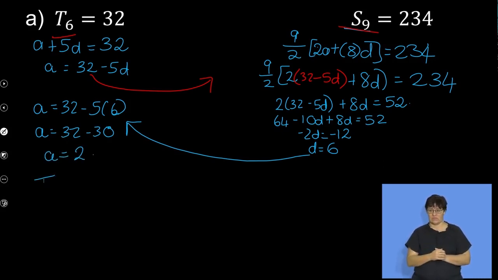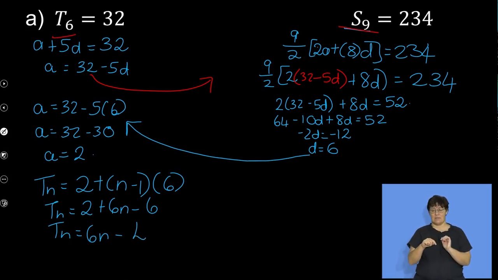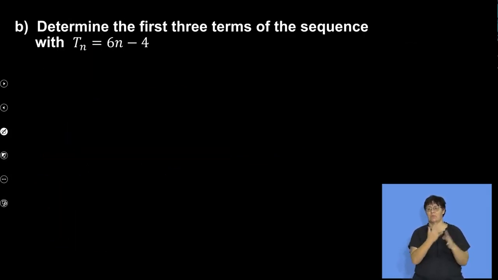Then if I'm writing this in the nth form, I'm going to have 2 plus n minus 1 times my D, which is 6. So Tn will be equal to 2 plus 6n minus 6. So Tn is equal to 6n minus 4. Great. Let's carry on with our working out.